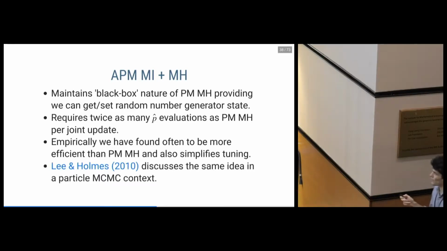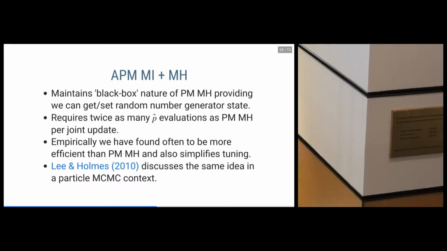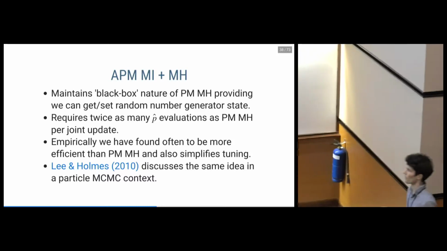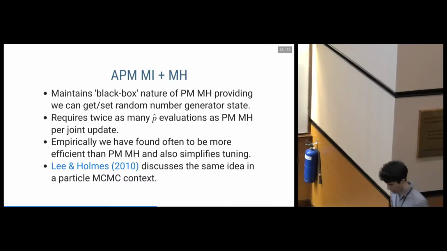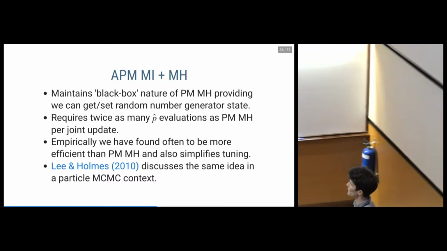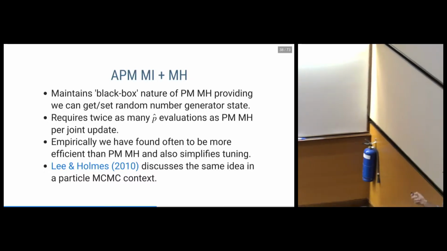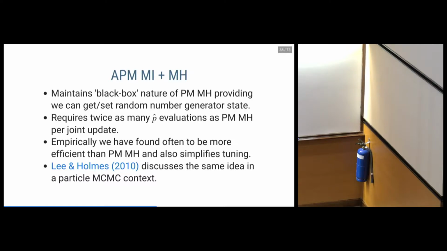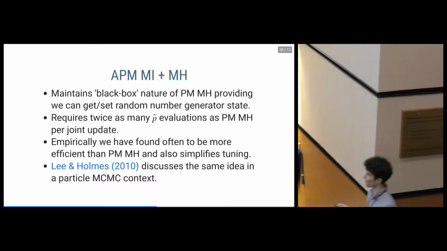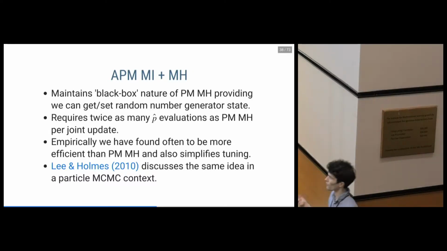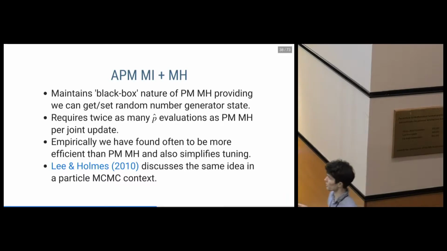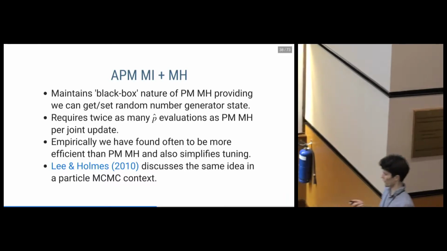So the idea here, we subsequently discovered after first putting up the pseudo-marginal slice sampling paper on arXiv, is very closely linked to a point raised in the discussion of the particle MCMC read paper by Lee and Holmes, where they exactly suggest this idea of separating the updates of the auxiliary variables within some density estimator and the updates to the actual target variables of interest.